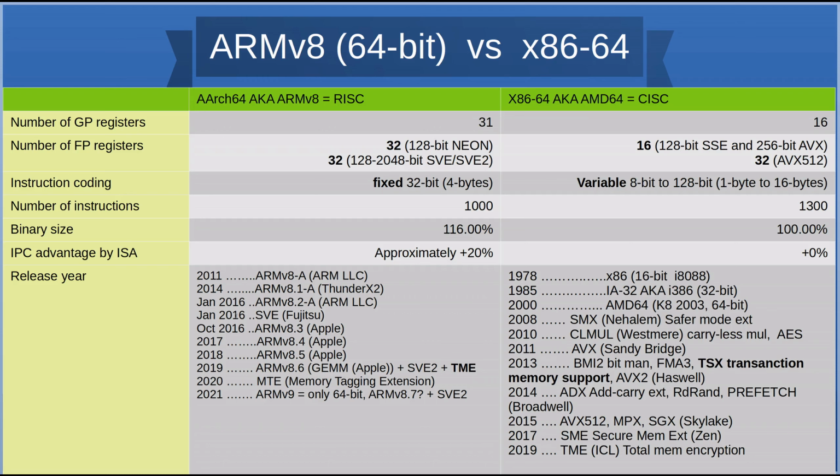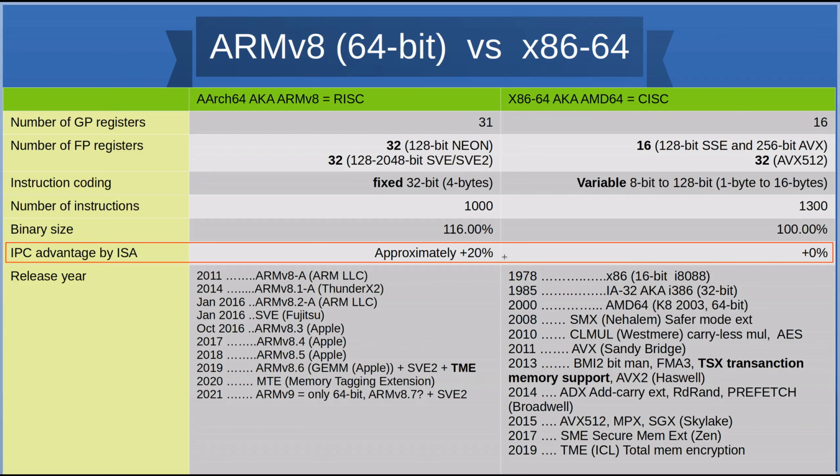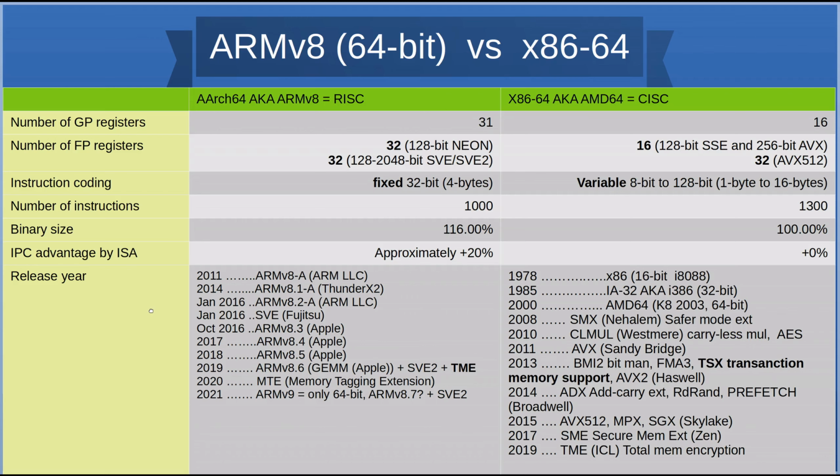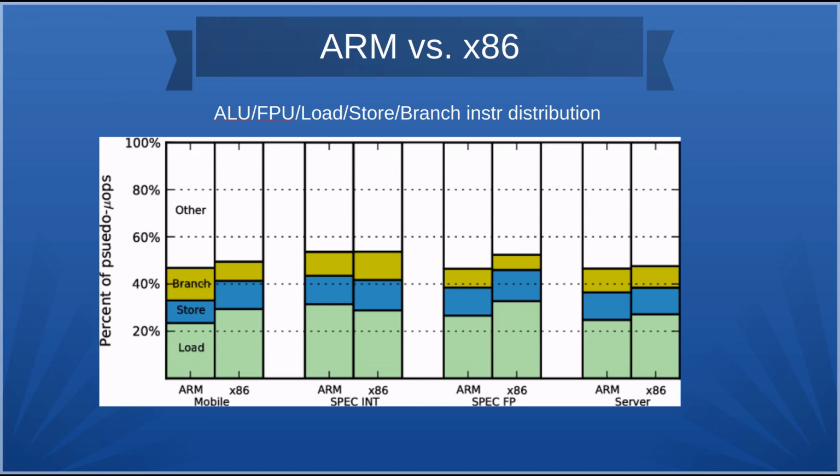So now let's take a look at the IPC advantage which a better instruction set like ARM brings. According to my findings, it's approximately 20% higher IPC just because of the ARM instruction set. And let's take a look at some data.